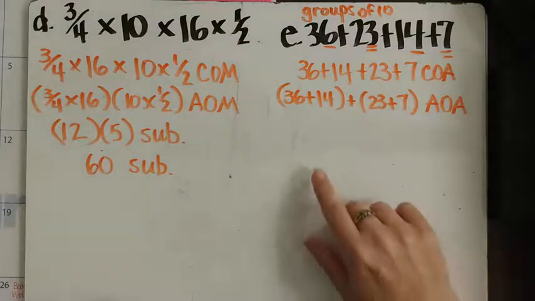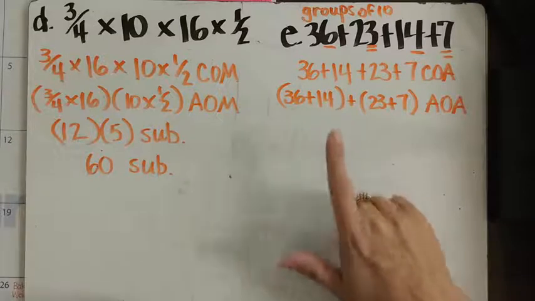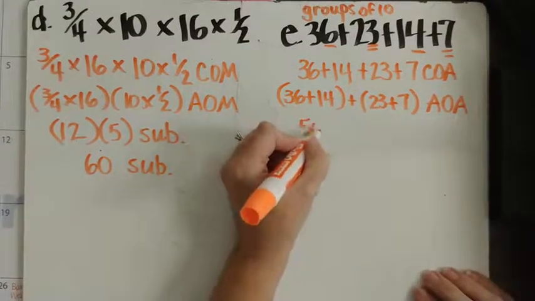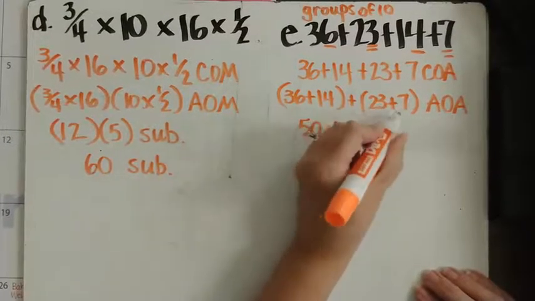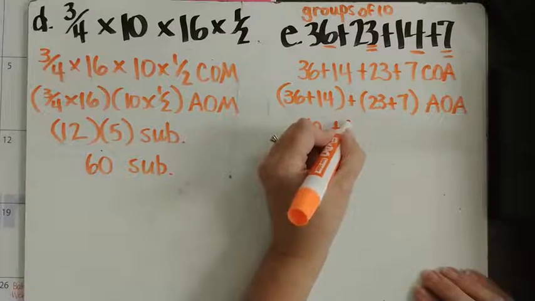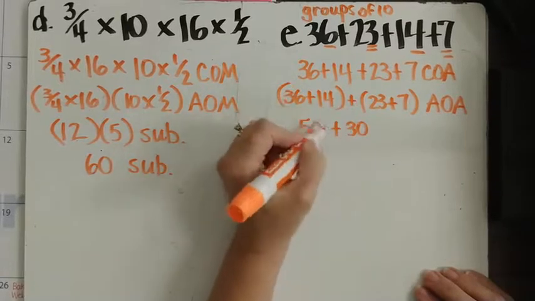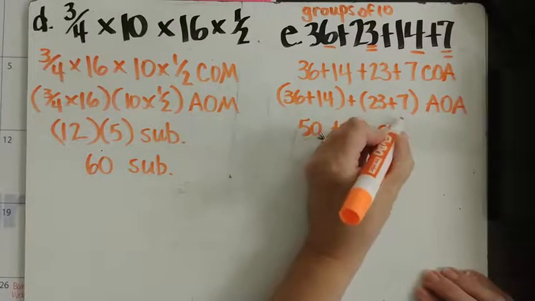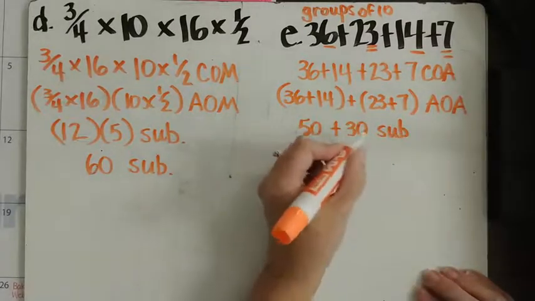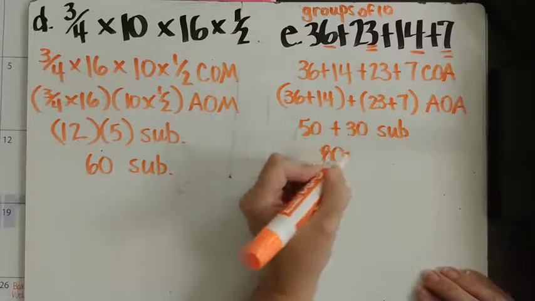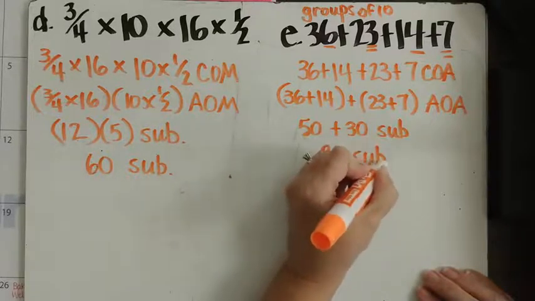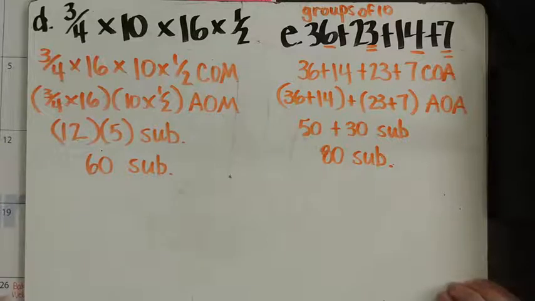And let's simplify. 36 and 14 would be 50. 23 and 7 would be 30. All we did was simplify, so this is substitution. 50 plus 30 is 80. Again, all we did was simplify, so this is called substitution as well.